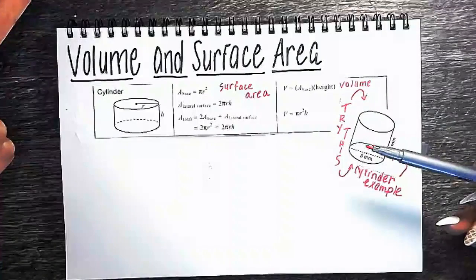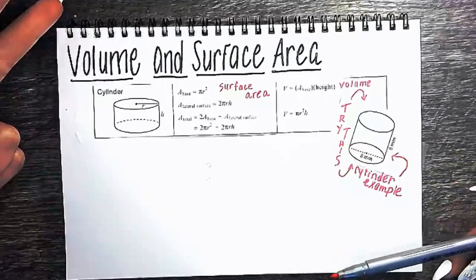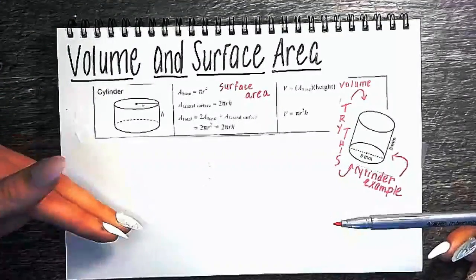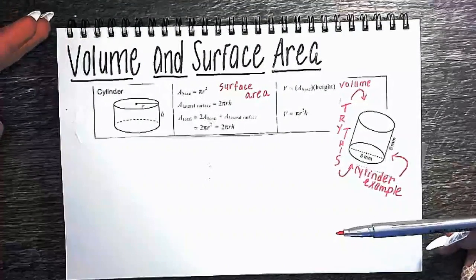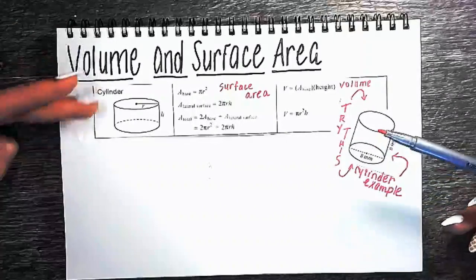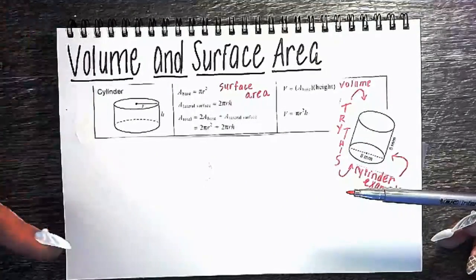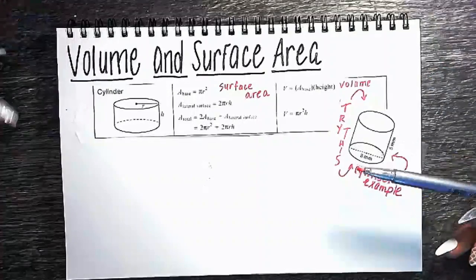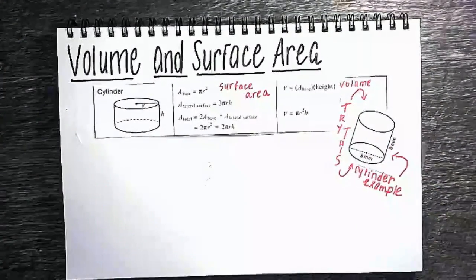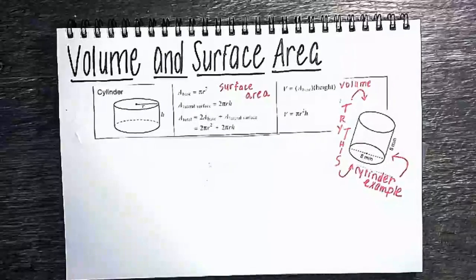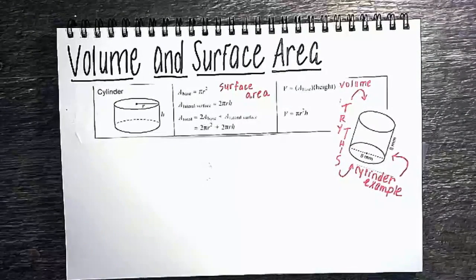A formula, though, will come in handy when the shapes are not traditional, or when you're not asked to find the surface area or the volume, but instead you're given the volume and you have to find the lateral height, or a radius of something, whatever. So these things get to be very tricky. So you definitely want to make sure you are comfortable and familiar with all aspects of volume and surface area.